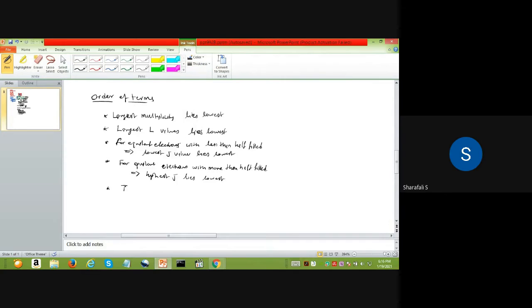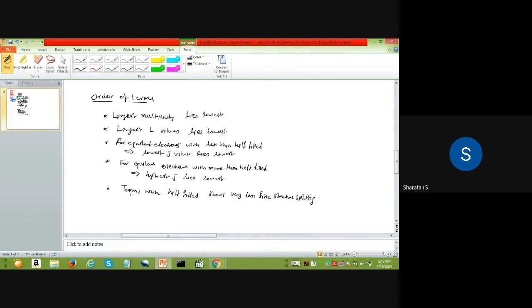Terms from half filled subshells show very little fine structure splitting.